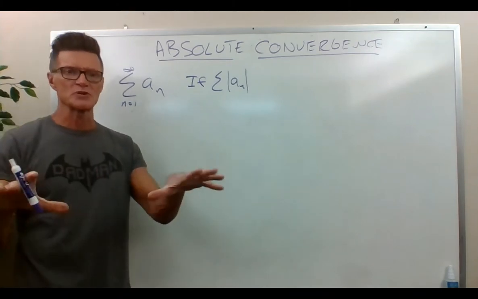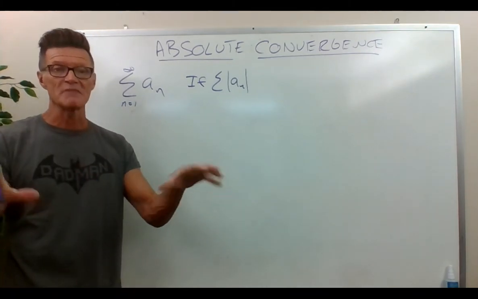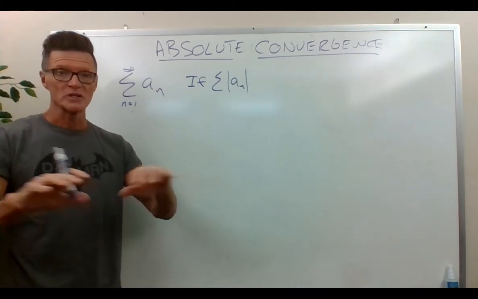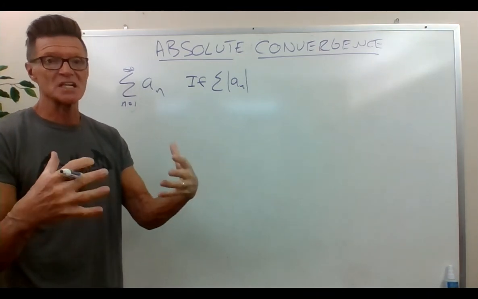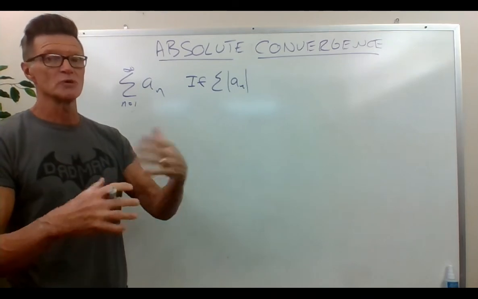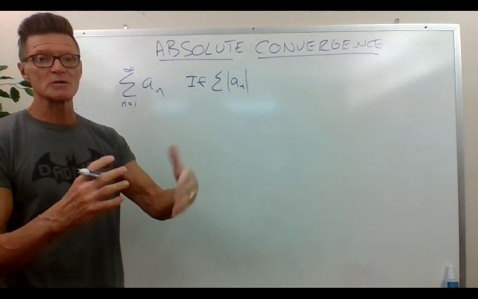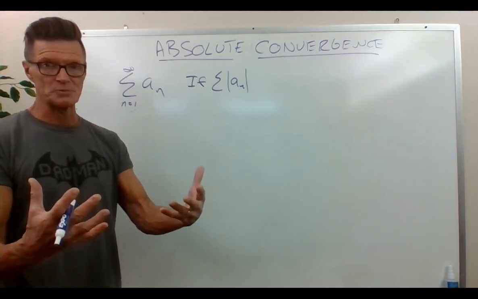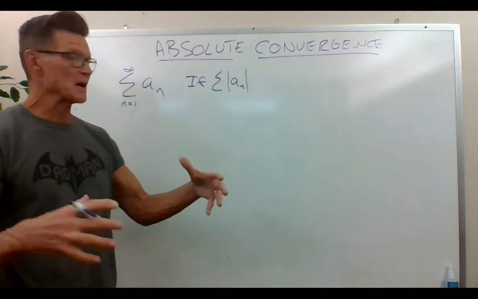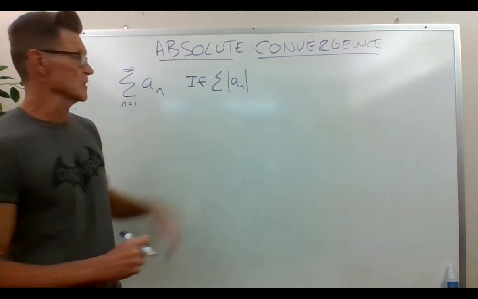In other words, what we're doing with the absolute value is getting rid of the negative part. We're essentially making every term positive, because when you take the absolute value of something, you eliminate any negatives. So every term that would have a -1 multiplied to it will now have a +1 multiplied to it, and so every term is positive. That's essentially what we're doing here.